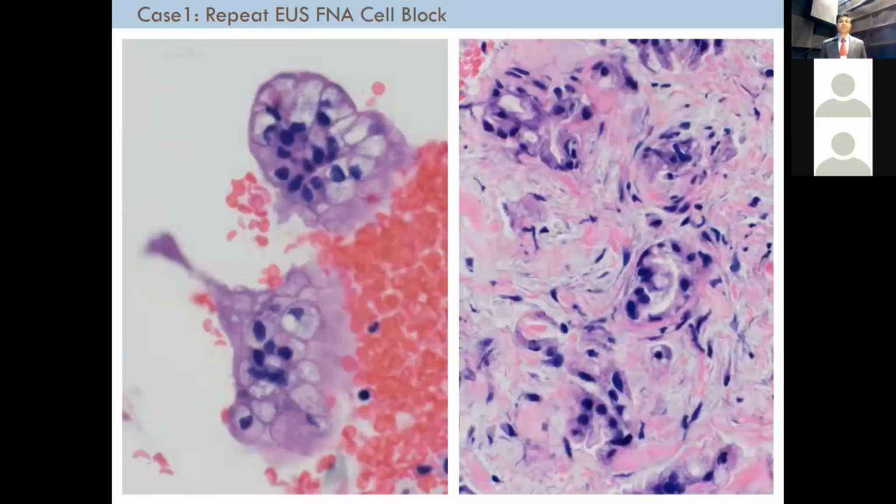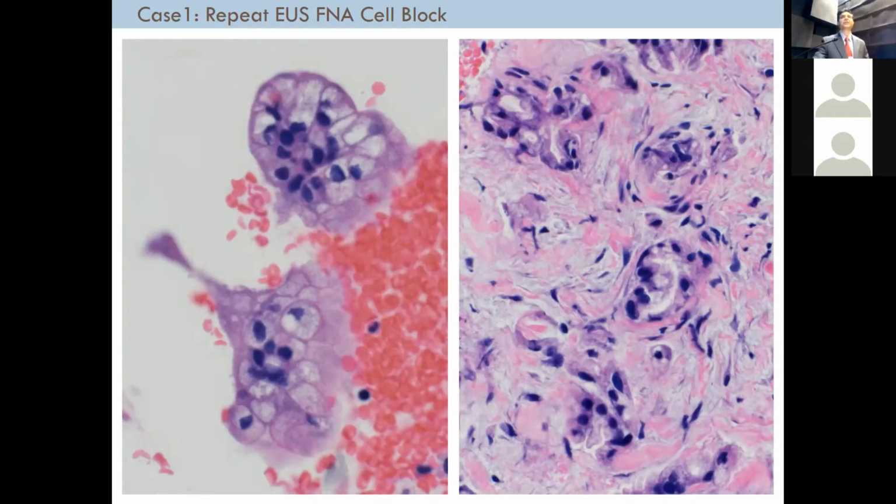The most helpful preparation in this repeat sampling was actually the cell block, which showed these epithelial groups with abundant foamy cytoplasm and racinoid nuclei. Also present were fragments of stromal tissue that were infiltrated by small, very abnormal appearing glands with irregular outlines. So based on all these features, we were able to call this malignant.